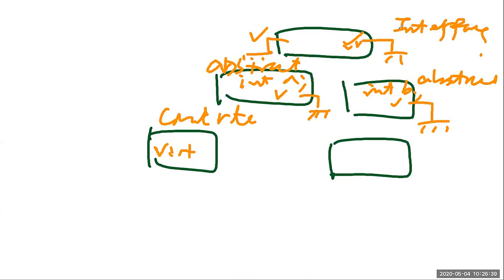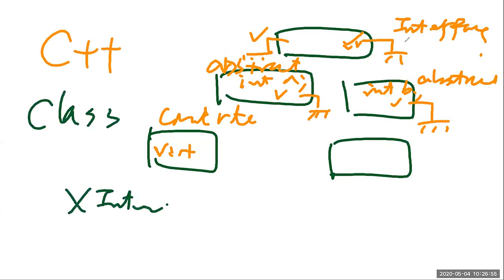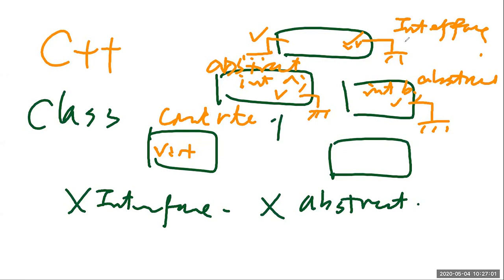If you set it to zero and do not implement it, then it becomes an abstract class. So in C++, everything is just a class, no interface, no abstract class. They create abstract classes and interfaces by using the pure virtual method.